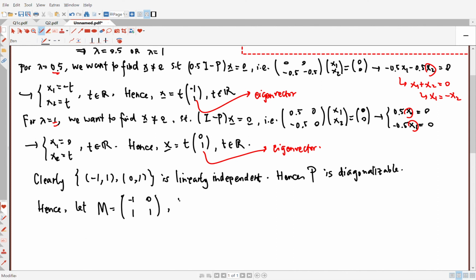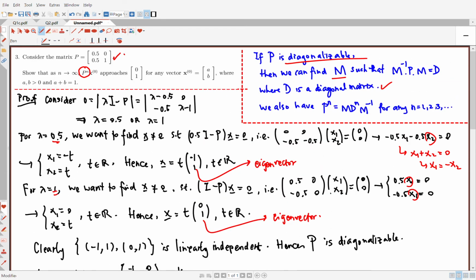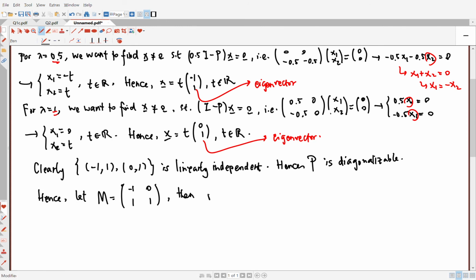Then I will have M inverse PM is equal to D, and D is just a diagonal matrix where this entry is the eigenvalue 0.5, and this entry is 1.